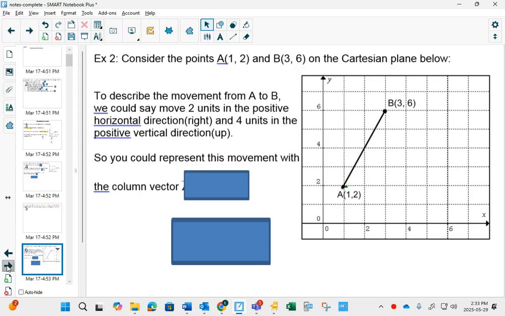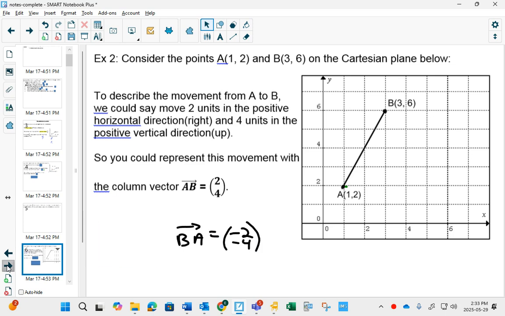So we could represent this movement by the column vector. A to B is 2 units to the right and 4 units up. B to A would be 2 units to the left and 4 units down.